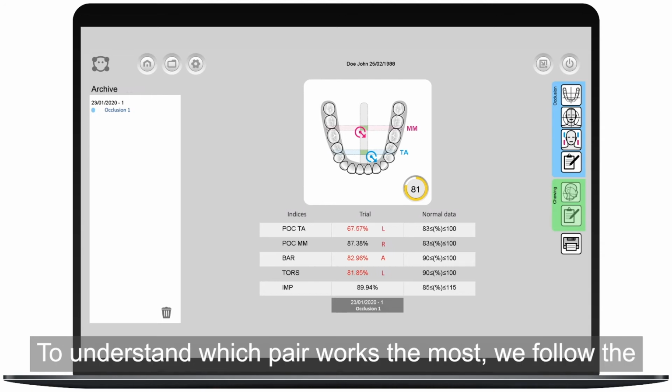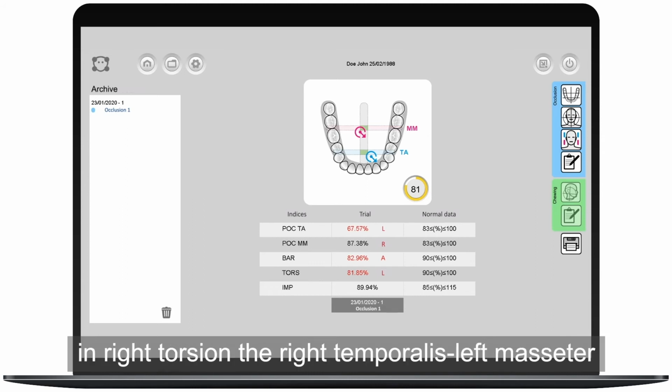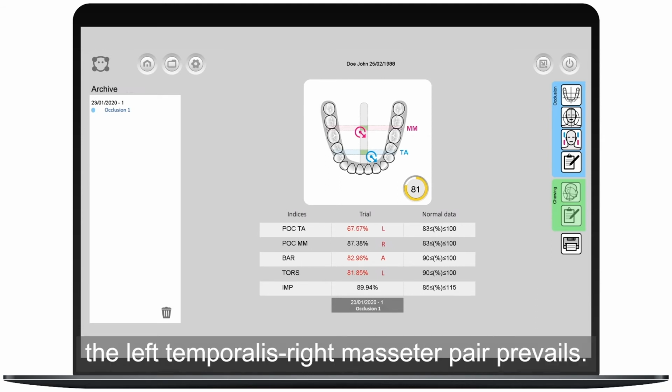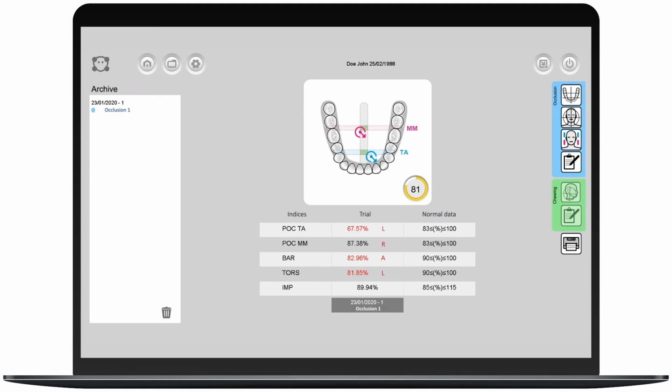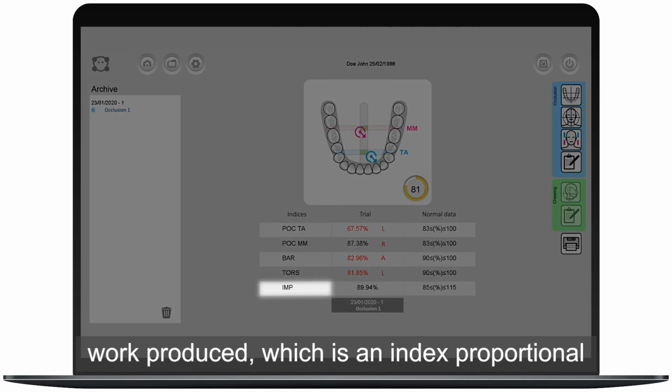To understand which pair works the most, we follow the guide, the temporalis leads. Therefore, in right torsion, the right temporalis, left masseter pair prevails, while in left torsion, the left temporalis, right masseter pair prevails.